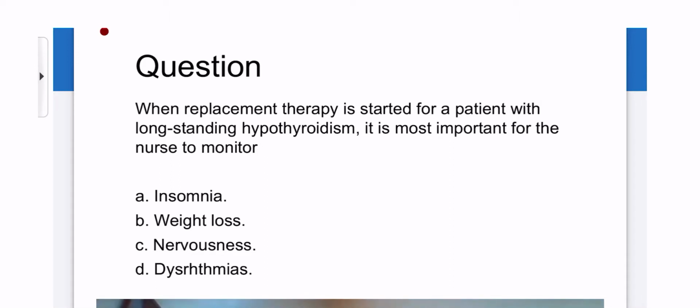It says most important. So what would be the life-threatening thing to monitor here? All of those are symptoms of hyperthyroidism. The first three would be from too much medicine. So D would be your highest concern.